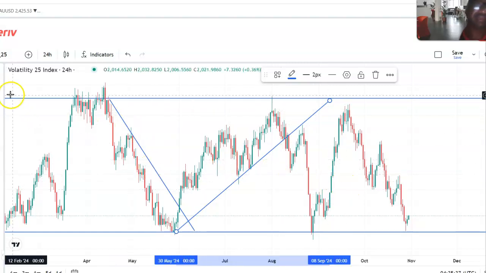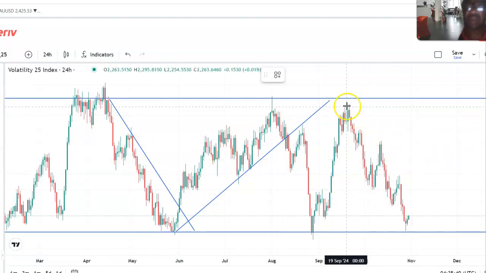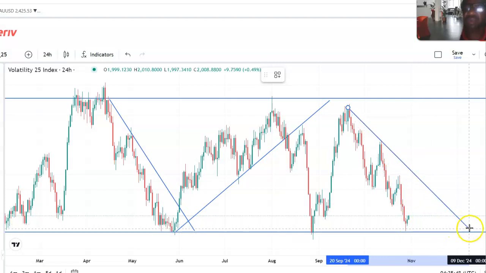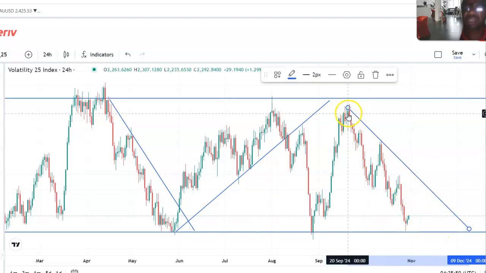So at this level, if I'm to trade this particular one, I'm touching this edge, touching the second one, and I'll come down here. So what market will do is, I've touched here, so I expect price to move down. When price gets to this level, I have to be very careful. Maybe I take my profit.